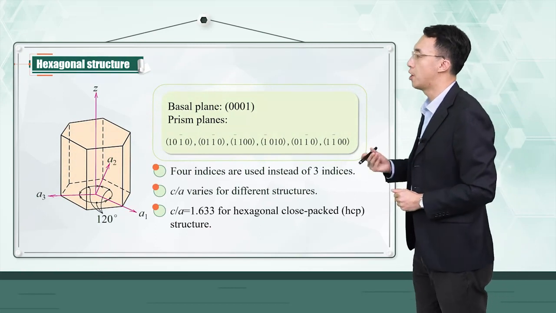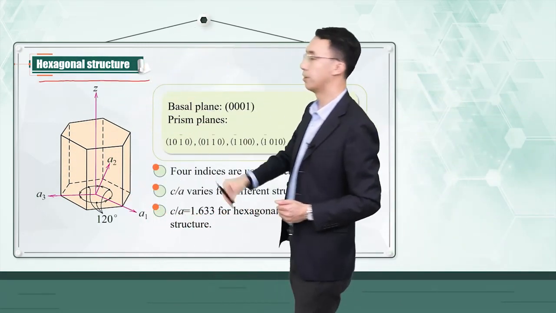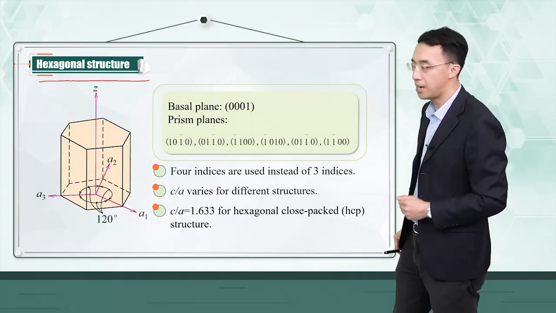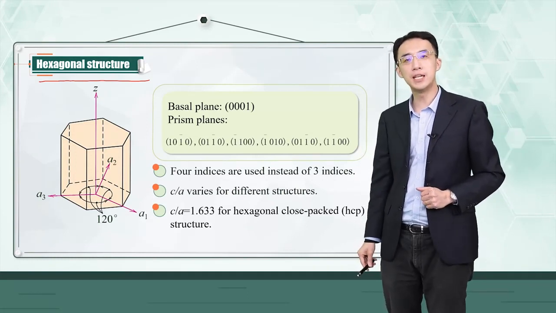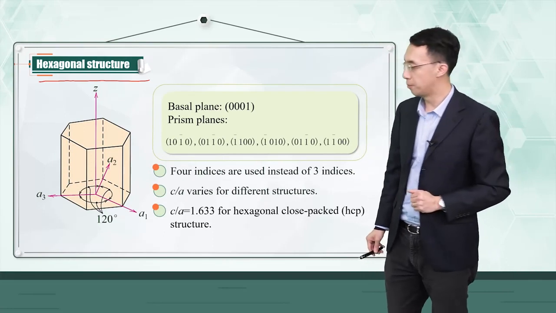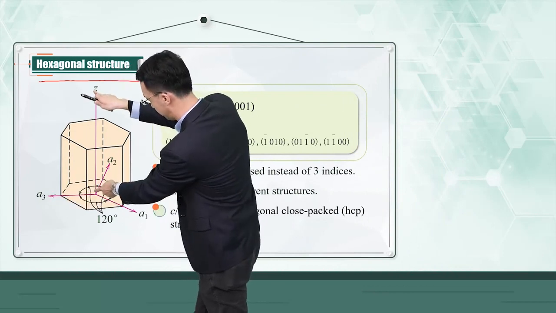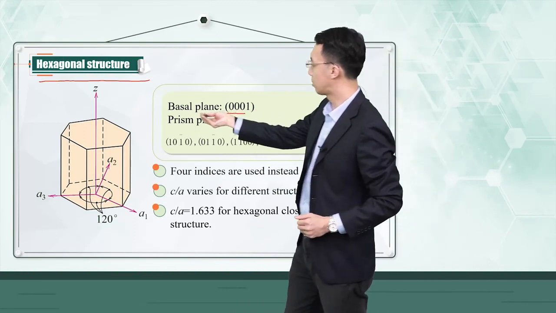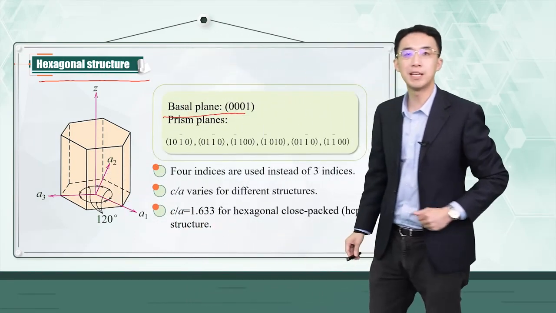Now we move on to talk about the crystal structure and its quantitative description of hexagonal crystals. Because it has a hexagonal symmetry, instead of using a 3-index system, you are going to use the 4-index system of A1, A2, A3, and C. Okay? So you have a so-called basal plane. The A1, A2, A3 axes form this basal plane.